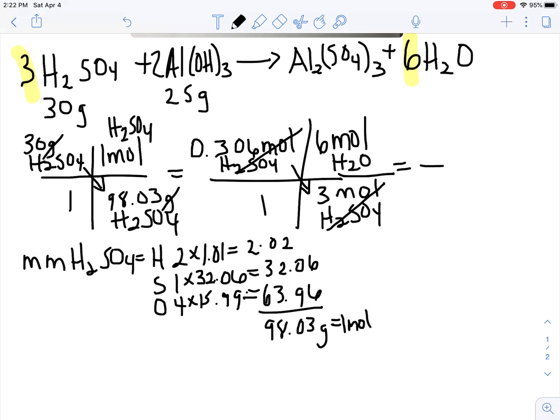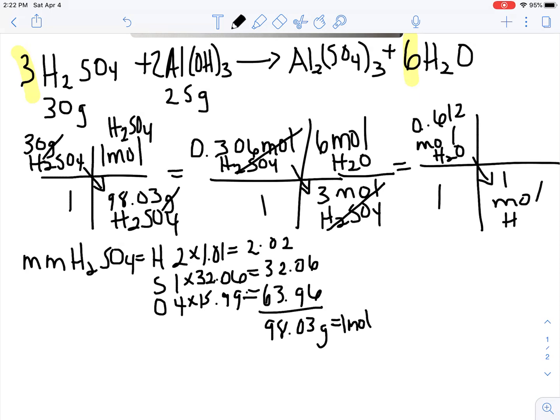The answer for the last T-chart of our given information will be 0.612 moles of H2O, of water. Now I need to change moles of H2O to grams of H2O.